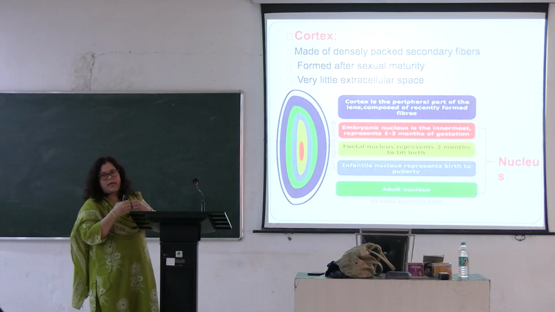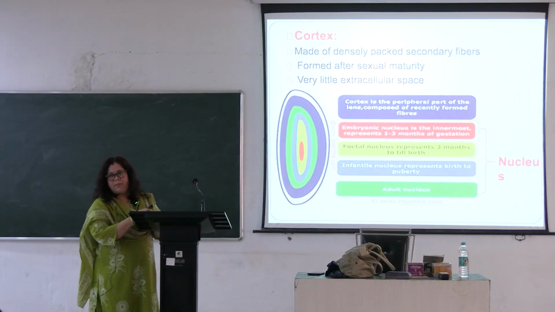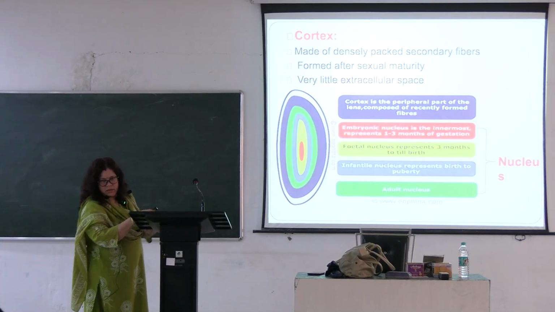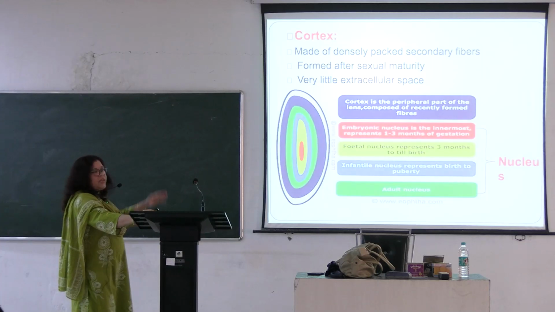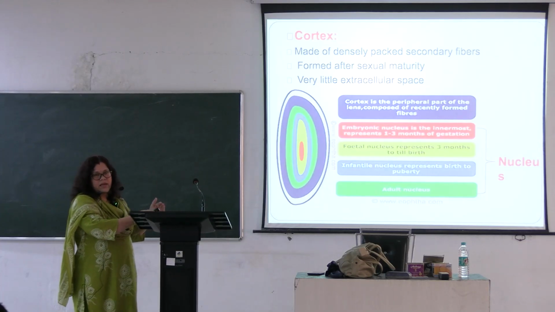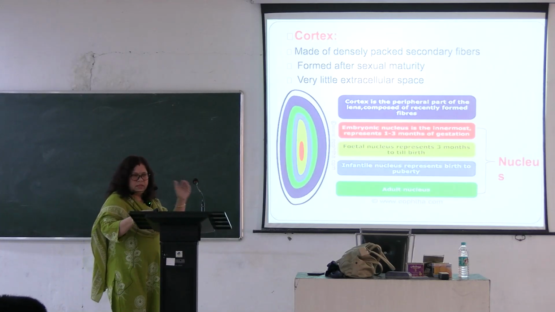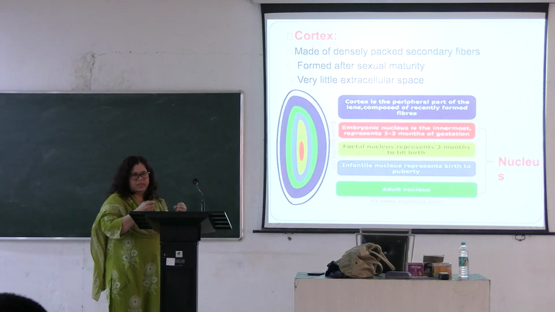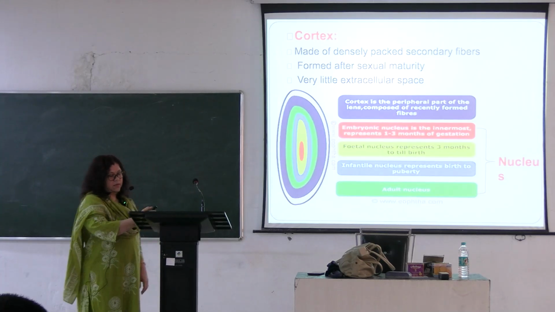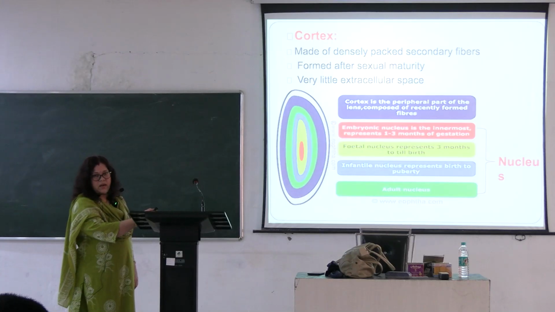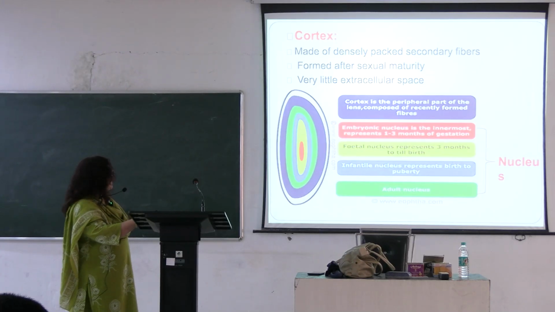They are compactly packed, and that's why they maintain the transparency of the lens. And if any disturbance occurs in these fibers, or there is separation or deposition of fluid, that causes formation of cataract or opacity in the lens.